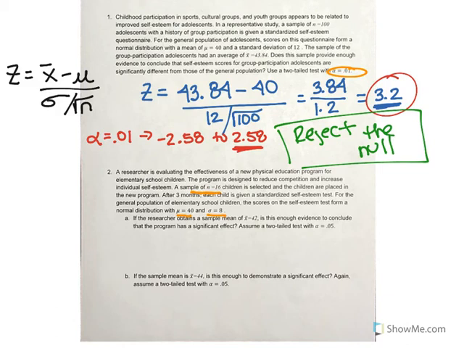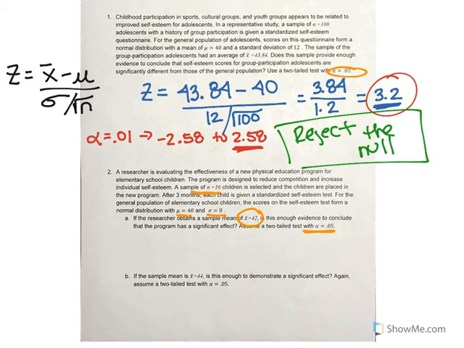So on A, it says if the researcher obtains a sample mean of 42, is this enough evidence to conclude that the program has a significant effect? Assume a two-tailed test where alpha is 0.05.